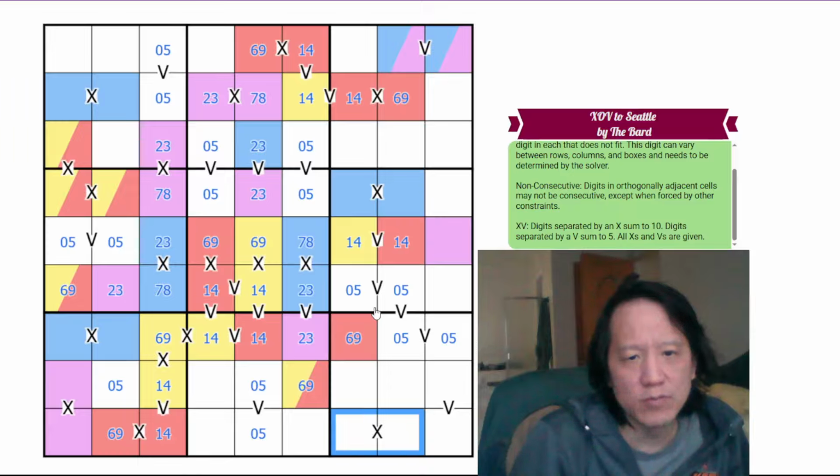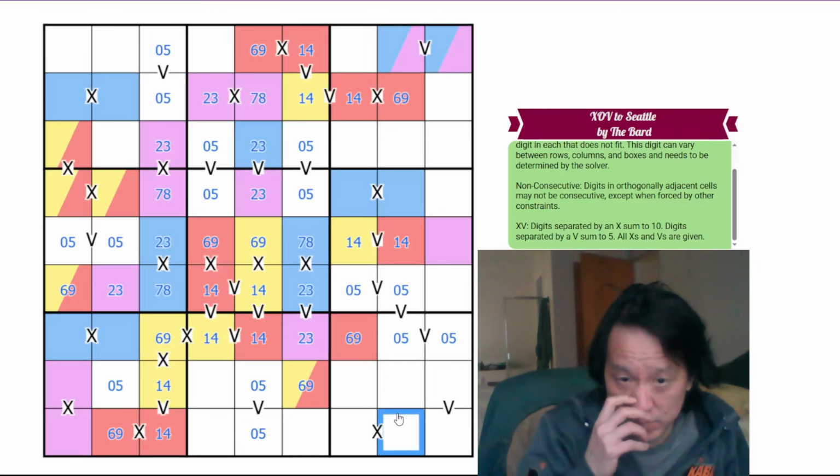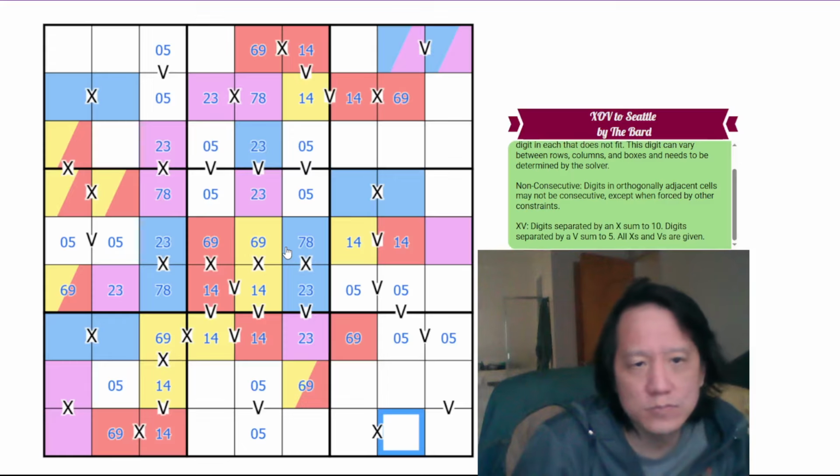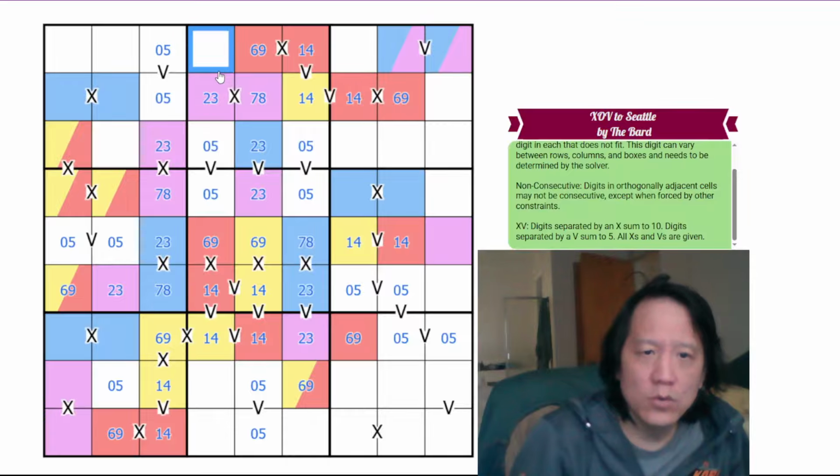This can't be red. So it could be yellow, blue, or pink here. This is 6 through 9.